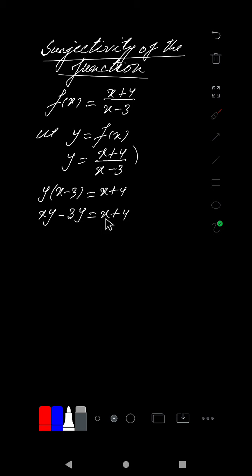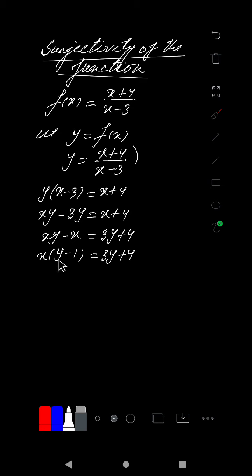Then we transpose this x to the left hand side, xy minus x we get, and transpose 3y to the right hand side, so we have 3y positive plus 4. Now taking x common out of these two terms, we have x bracket y minus 1 is equal to 3y plus 4.